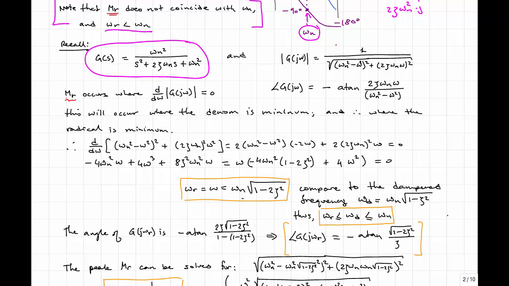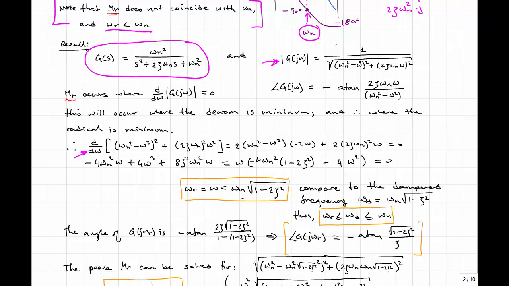But what we're essentially doing is looking at the magnitude of the closed loop transfer function, and we want to know where the peak is. So that's going to occur where the denominator is minimal, and that's going to occur where the radical of the denominator is minimal, and so we want to take the derivative with respect to omega of the radical in the denominator, and set that equal to 0.